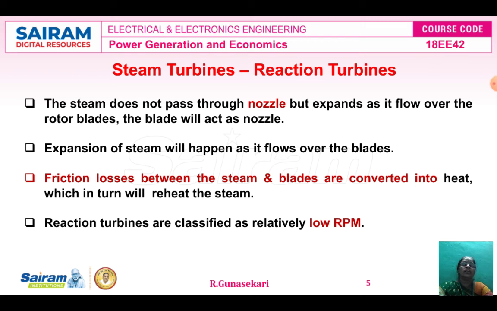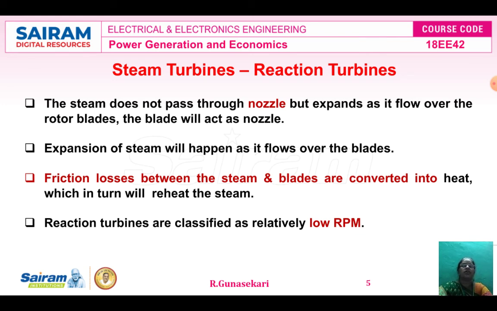Then what are the function and operation of the reaction turbine? The steam does not pass through a nozzle, but it expands as it flows over the rotor blades. The blade acts as a nozzle. The expansion of steam happens as it flows over the blades of the turbine.